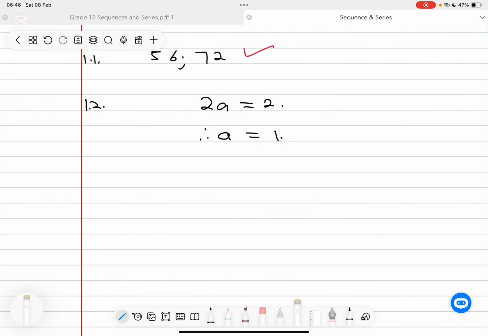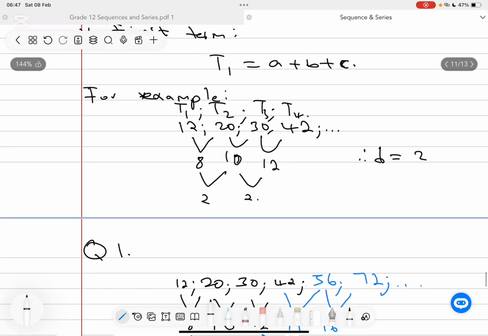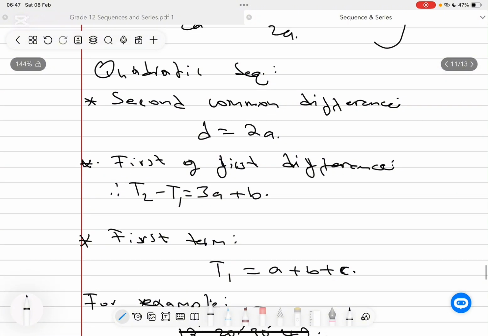Now, the second thing that we are going to do is say that the first of the first differences is equal to 3a plus b. Again, let's back up a bit and go back to our previous lesson, just for you to see that when we listed the properties of a quadratic sequence, the second property that we spoke about was that the first of the first differences is always given by 3a plus b.